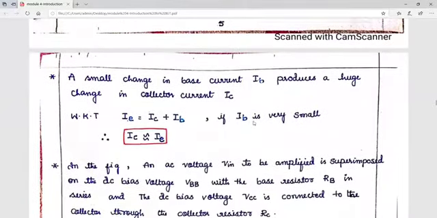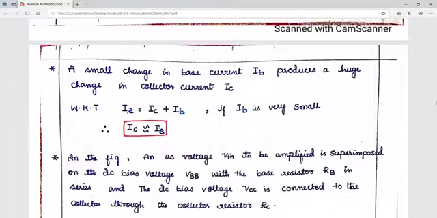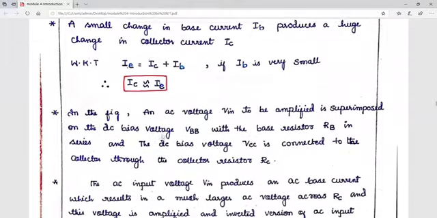Now, we also know that IE is equal to IC plus IB. If IB is very small, then IC is almost equivalent to IE.